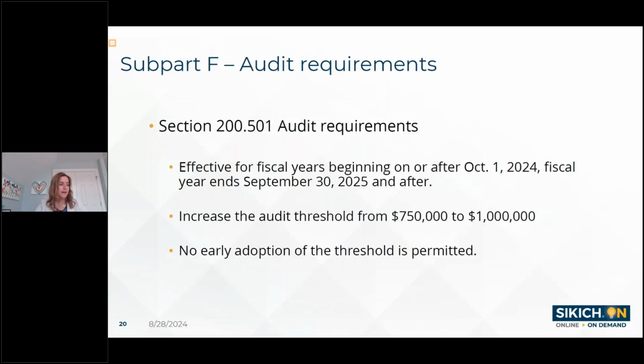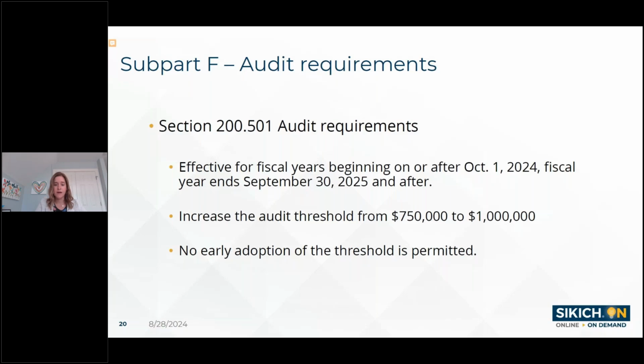So then most notably, moving into audit requirements. This one is going to be a change, for some, a welcome change. Audit requirements were revised and are effective for fiscal years beginning on or after October 1st of 2024. So these are going to be fiscal year ends.